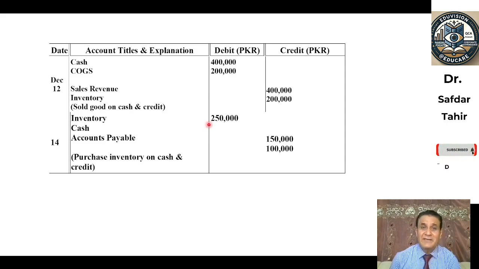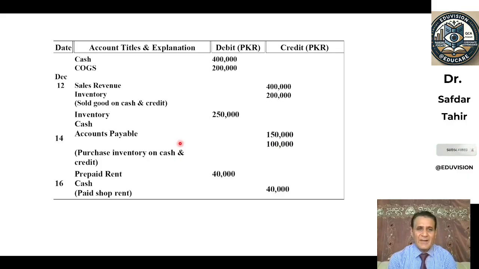So the inventory increases 2 lakh 50,000, and the cash we paid decreases 1 lakh 50,000, and accounts payable increases 1 lakh. So that is why we debit and credit this entry in this way.